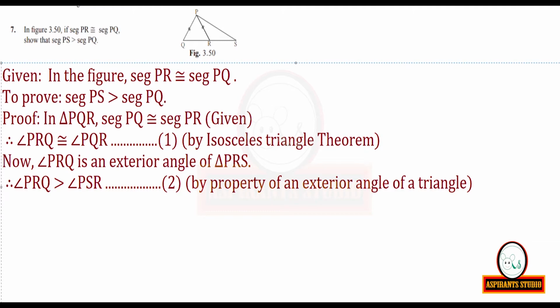Now look at 1 and 2. Angle PRQ is congruent to angle PQR, and the same angle PRQ is greater than angle PSR.